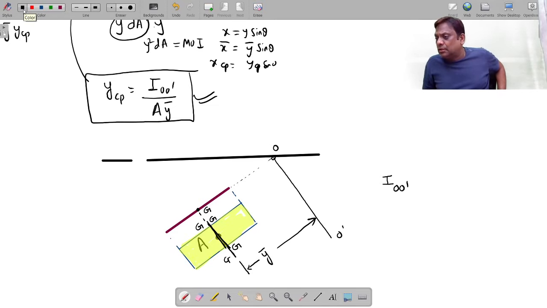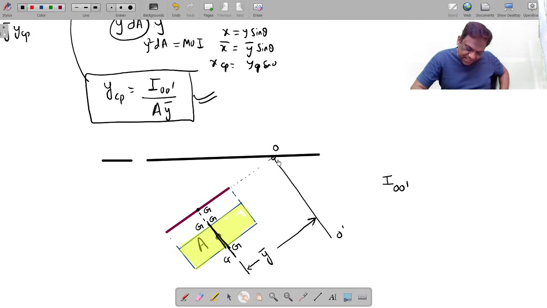If you want the moment of inertia about any axis parallel to the centroidal axis, say about OO dash, the theorem says IOO dash will be IGG plus area of this into the square of the distance between these two axes.